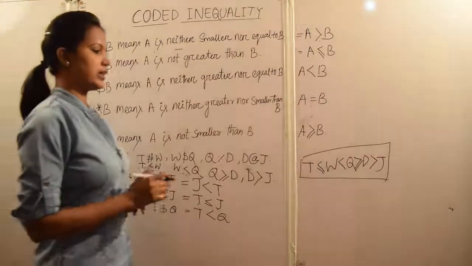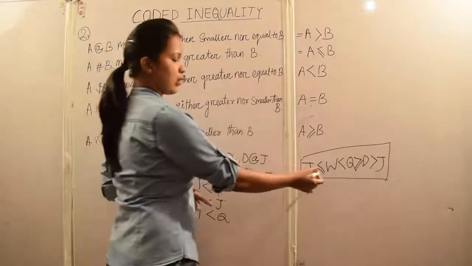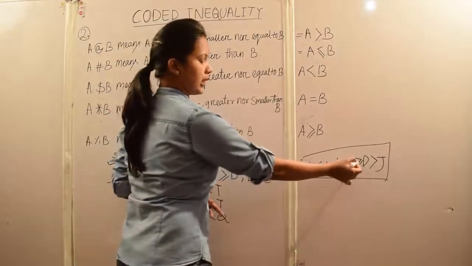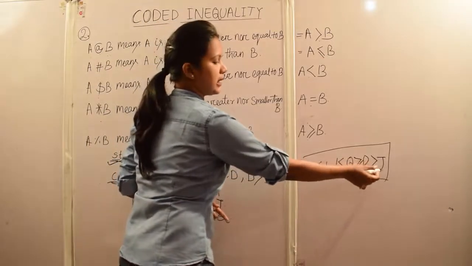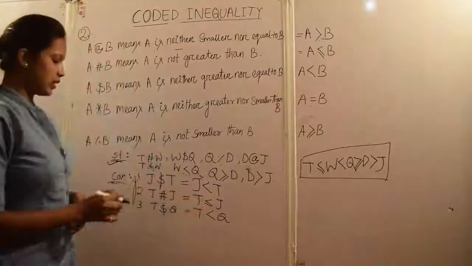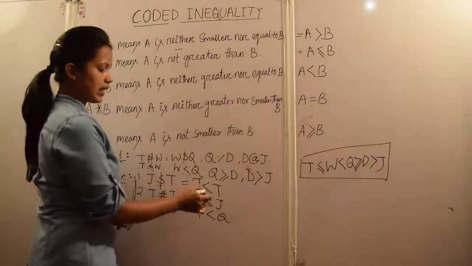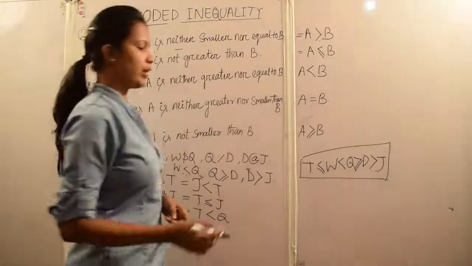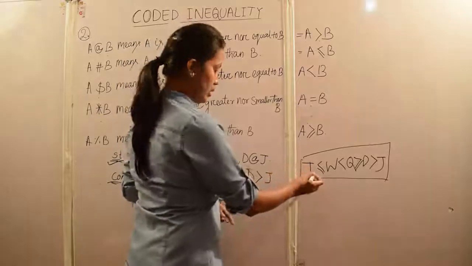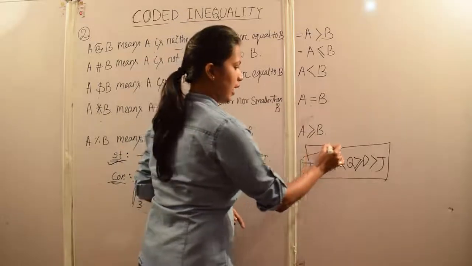Here the statement is given as T less than or equal to W less than Q greater than or equal to D and greater than J. But in the first conclusion it is written J less than T. So we will compare the two variables, T and J.